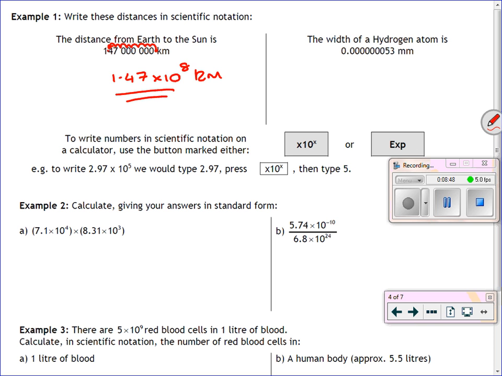In the second example here, we've got the width of a hydrogen atom. Very, very, very small. So it's 0.000000053 millimeters. So again, I want to make my number that's between 1 and 10.